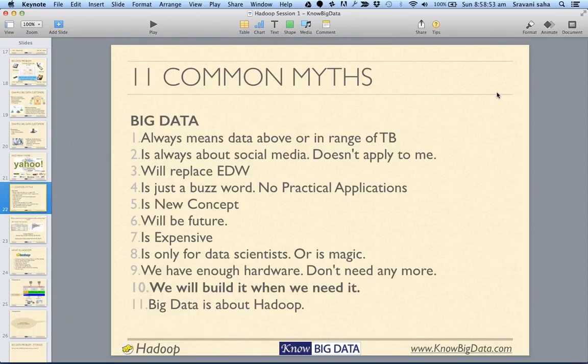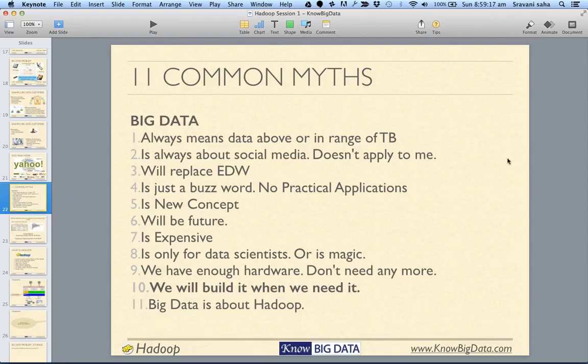The first one is that big data always means data in the range of terabytes or above. As I gave an example of searching a location on the map and the path from one point to another, even though the data was say 220 GB, still the problem became complicated. So big data does not always mean data in petabytes or terabytes.